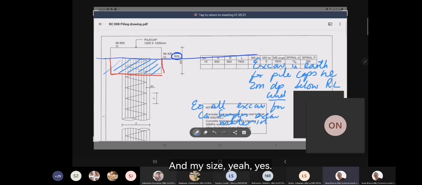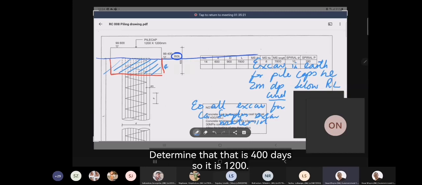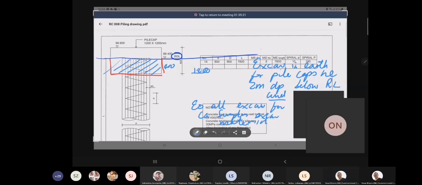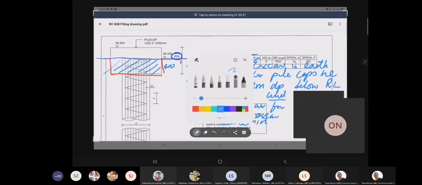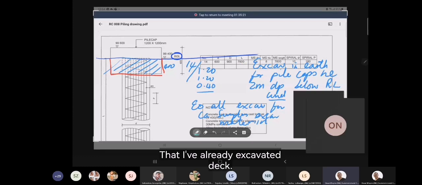And my size here is determined that that is 400 there, so it is 1200 at 1200 by 0.4 and I have 14 of them. But I also need to take into account that my excavation that I would have already excavated.